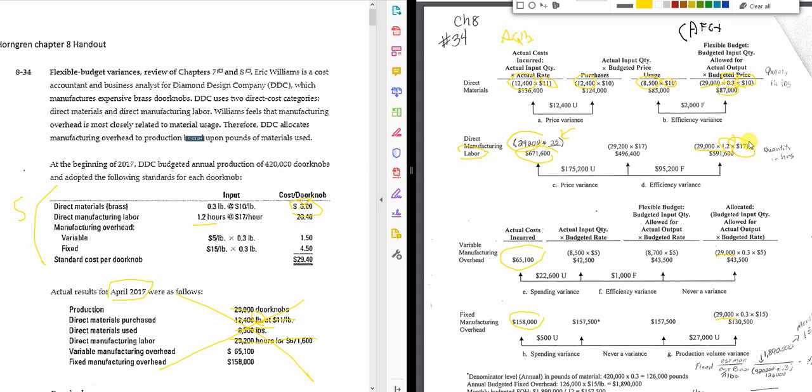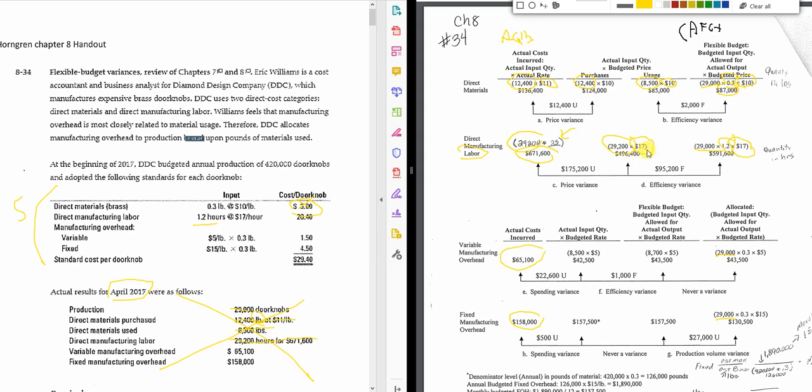Okay, so again, I know I keep harping on that, but it's just simply an error that is so common, that people want to take the hours times a rate per doorknob instead of hours times a rate per hour. All right, so I should have circled this 29,200 when I put that 29,200 in, and I have my standard cost of $17 an hour.